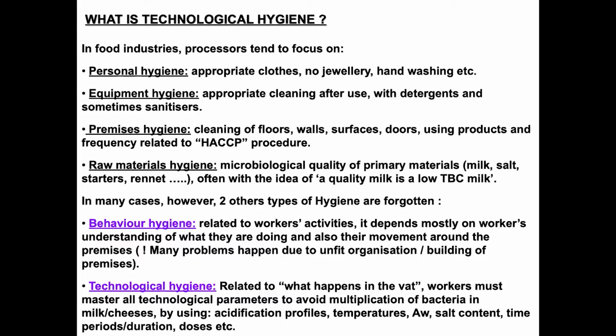Often the idea of high quality milk is a low total bacteria count milk, which is absolutely not true in artisan cheese making, because we need to consider the quality of microbes as well. It's not about just the quantity, but we need to focus also on the behavior.